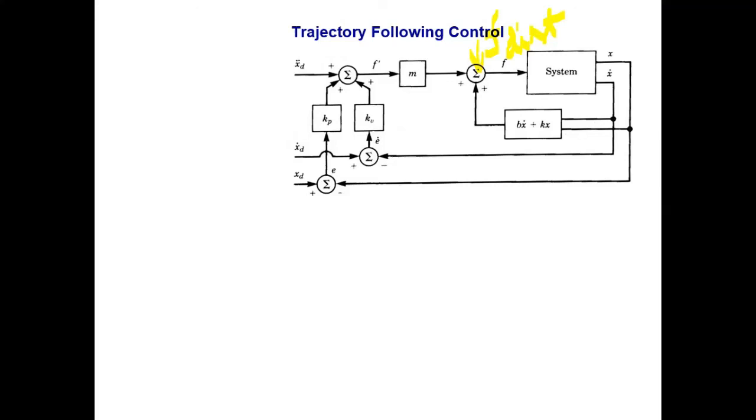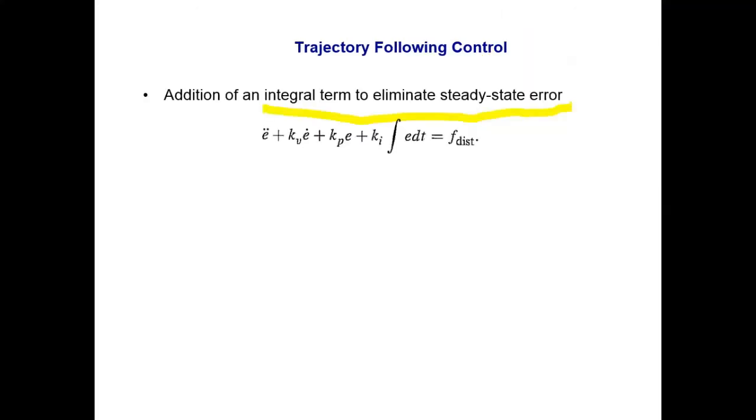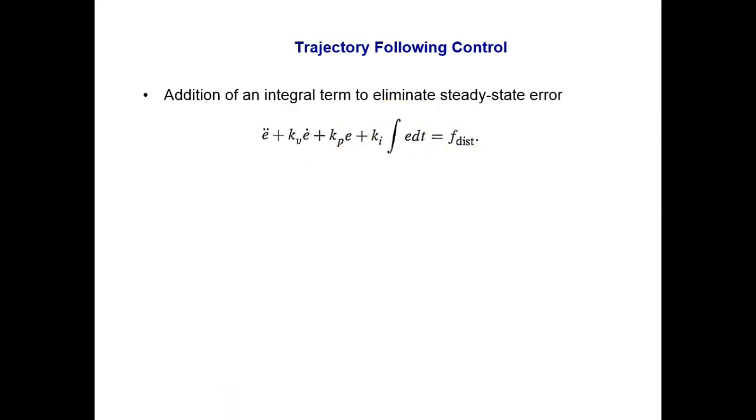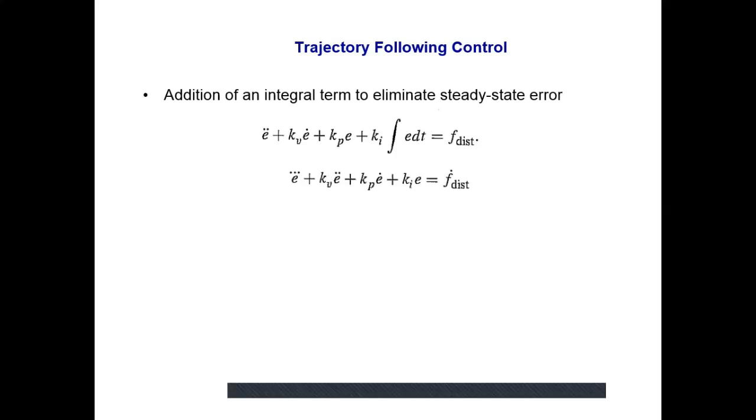For that purpose, we add an integral term to the closed loop dynamics equation. So this is the closed loop dynamics of the system, and we have added an integral term to eliminate steady state error. Let's differentiate this equation with respect to time, and we will get e triple dot plus kv e double dot plus kp e dot plus ki e is equal to f disturbance dot.